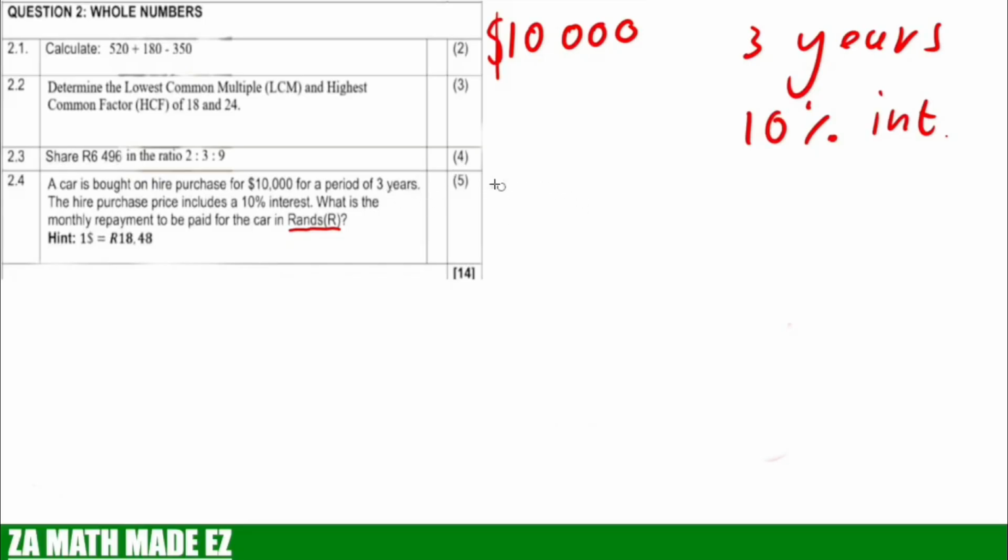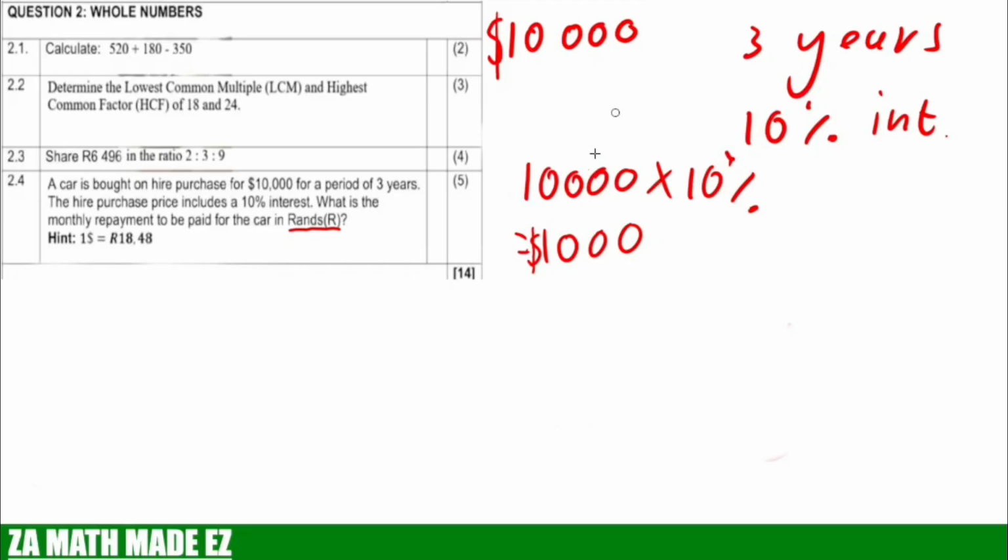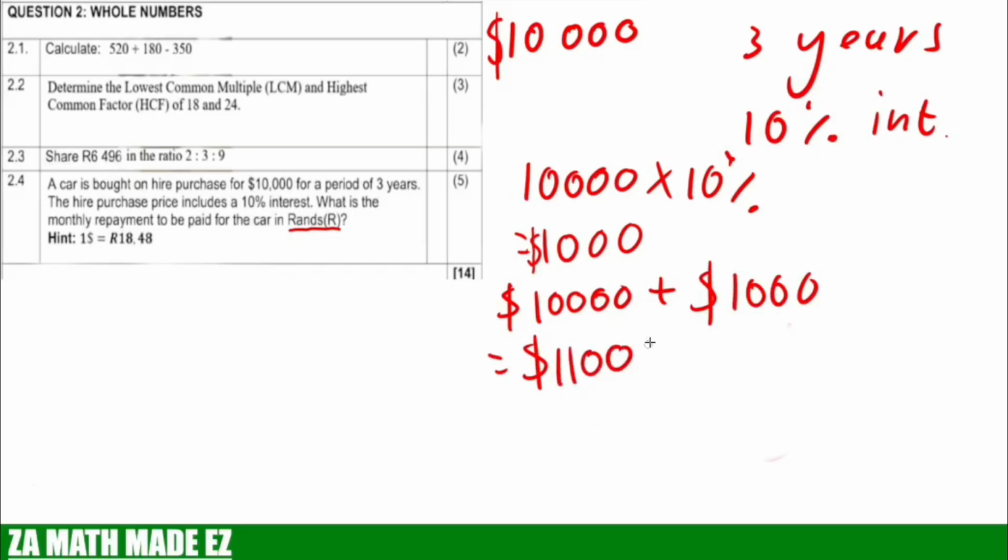So first, let's calculate the interest. It's $10,000 times 10%. That's $1,000. So now we must add this $1,000 on top of the original price. So $10,000 plus $1,000 would be $11,000.